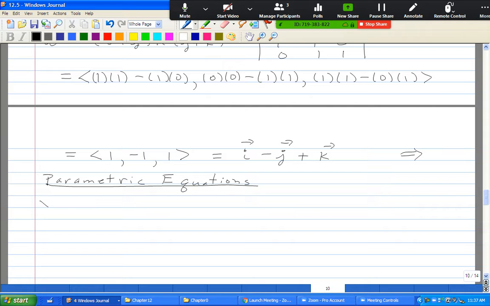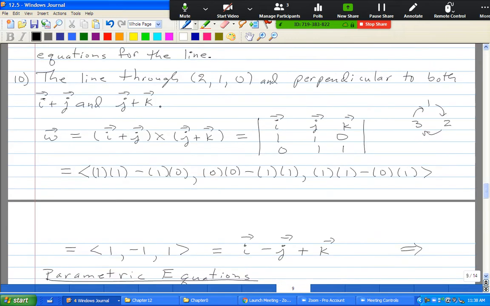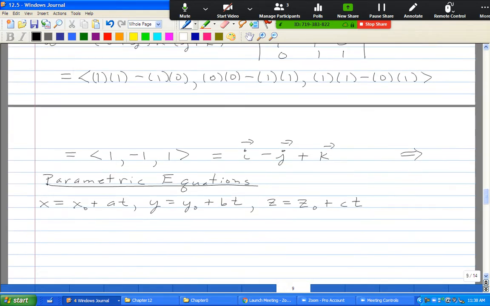And so the parametric equations are x equaling x naught plus at, y equaling y naught plus bt, z equaling z naught plus ct. And so this was through the point 2, 1, 0. Okay, so let's do this.